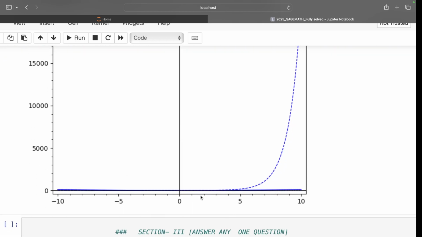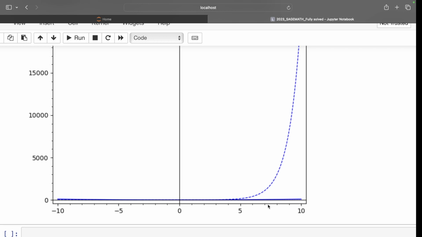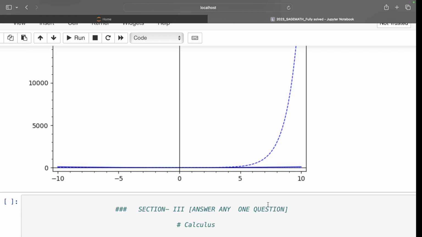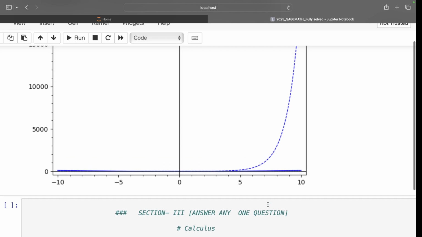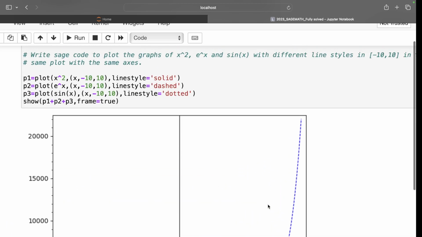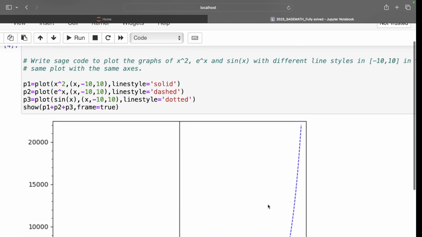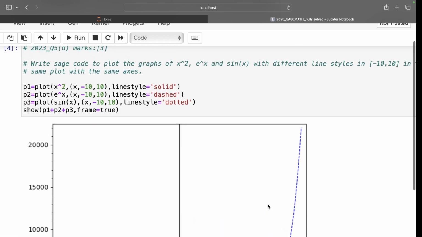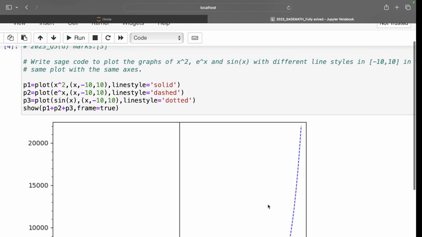If you put -10 to 10, the picture is not clear, and to get a clear picture we put -1 to 1 here. Actually the question is -10 to 10, so you must write -10 to 10 in the answer paper, but for a clear picture you put -1 to 1.